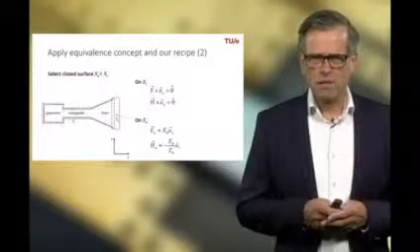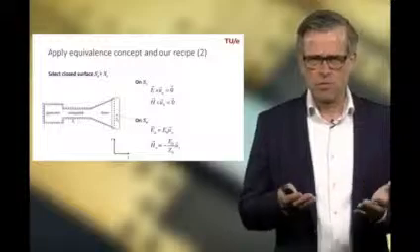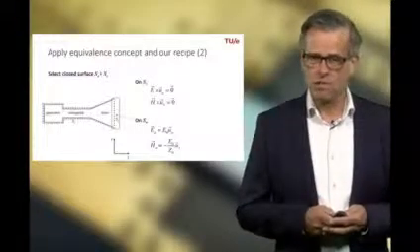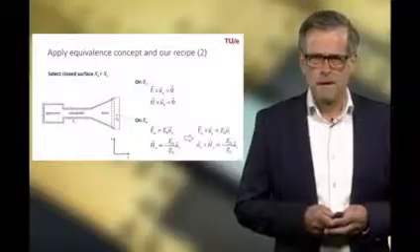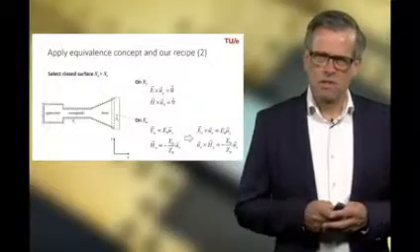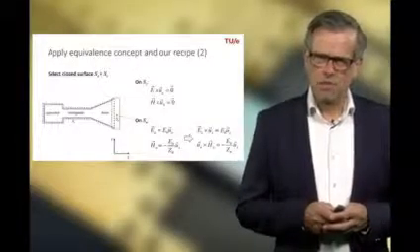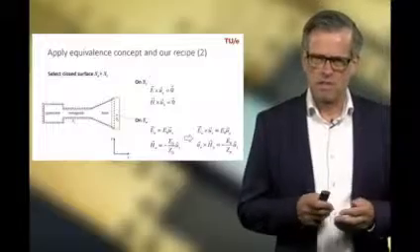We have now defined the closed surface. We know the tangential fields on the surface, so we can apply our recipe. The tangential ingredients that we have to substitute in our recipe are shown here.